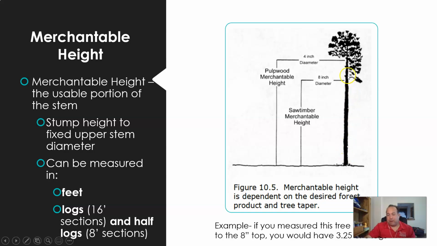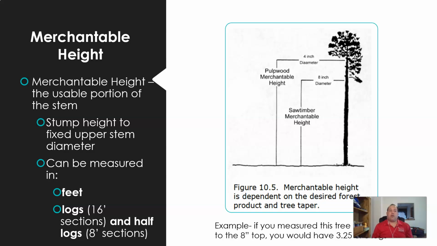But what we're talking about when we're measuring tree height for merchantable height is you're going to go from the stump height to where this tree tapers to where it's only 8 inches wide or 6 inches wide or something in that general vicinity for saw timber. And then for pulpwood, maybe I'm going to a 4-inch top or a 3-inch top or a 2-inch top or a 1-inch top, wherever this thing tapers down to 4 inches or 3 inches. It depends on what products we're looking for.